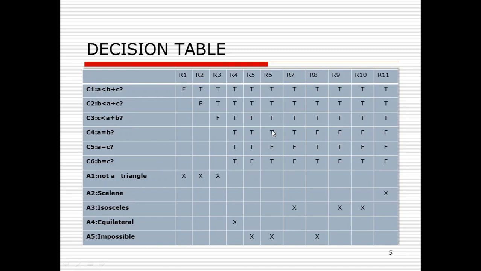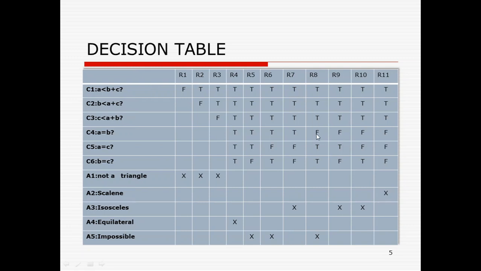Similarly for this rule, it will be an impossible condition because if A equal to B and B equal to C, then A has to be equal to C. Since A equal to C is false here, we have the cross to indicate that it is not a possible condition.